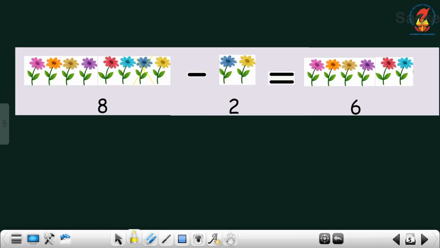That is done by striking off 2. Shall we count and find out how many are left over? 1, 2, 3, 4, 5, 6. So, we got the difference as 6.